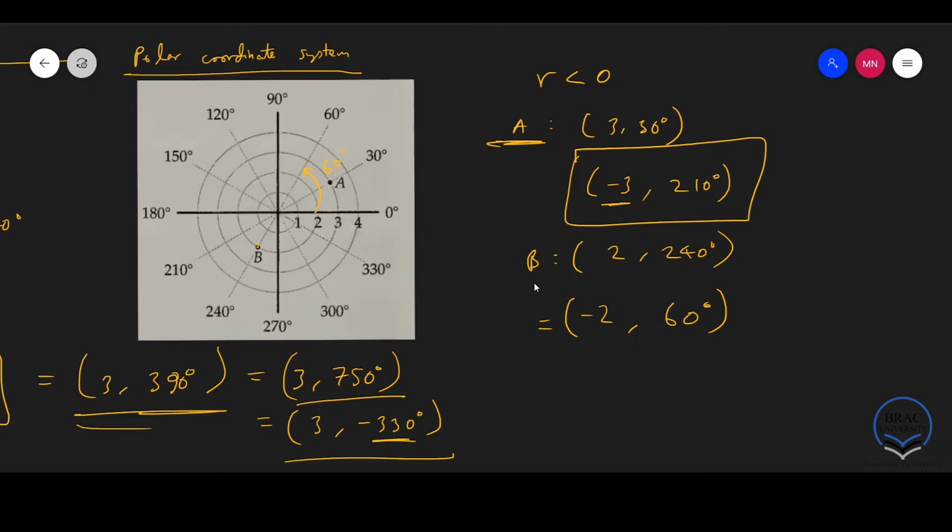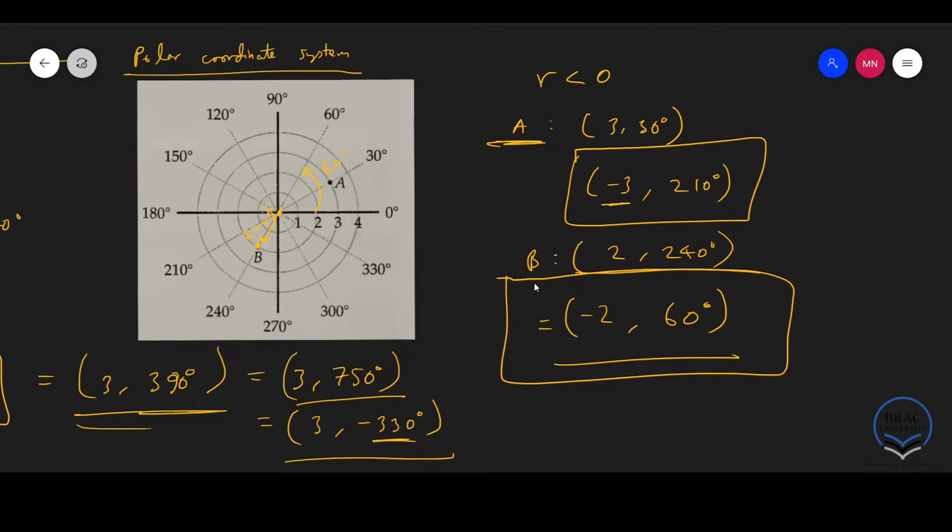Because if I rotate by 60 degrees and I consider a radius of minus 2, I will just be going from the origin in the opposite direction by 2 units, right? And I will just arrive at this point B, right? So I can also consider my radius to be negative. And this coordinate describes the same point.